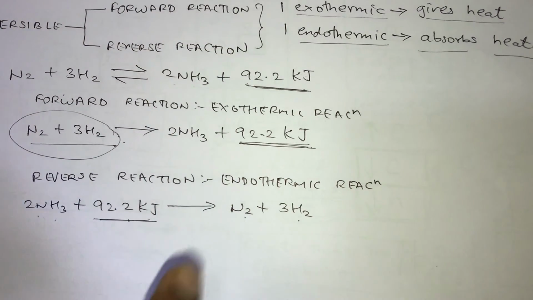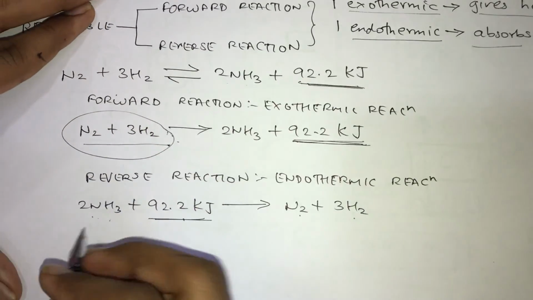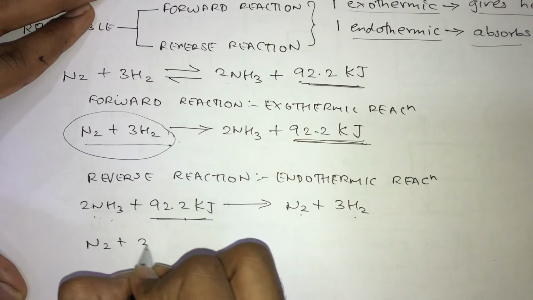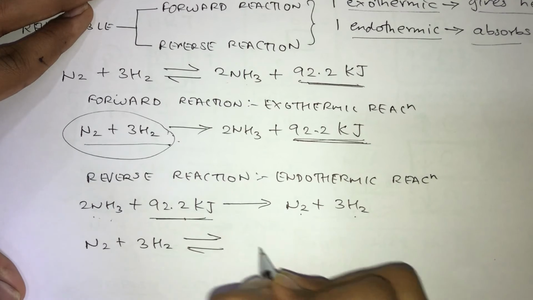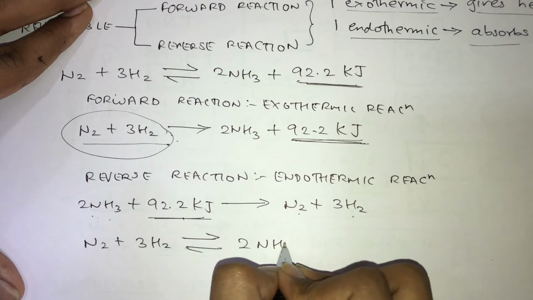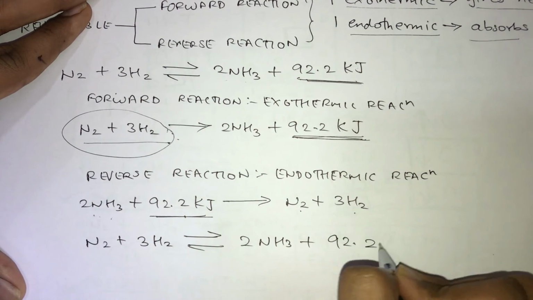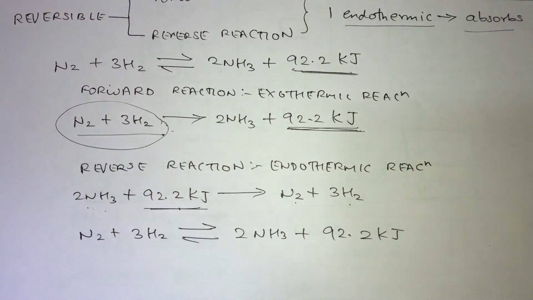Now coming back to our equation, N2 plus 3H2 giving us 2NH3 plus 92.2 kilojoules.